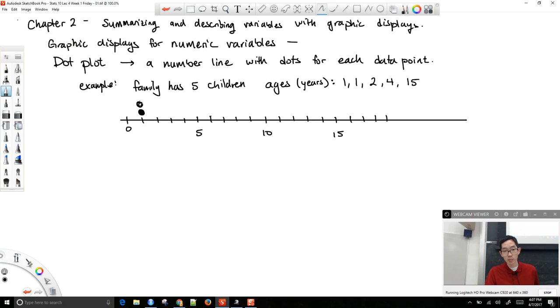So we have 2 people who are 1 year old, 2, 4, and 15. At a simple level, the dot plot gives us a sense of where our data is and how spread apart they are.